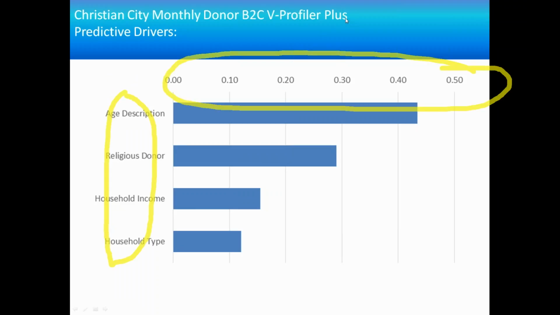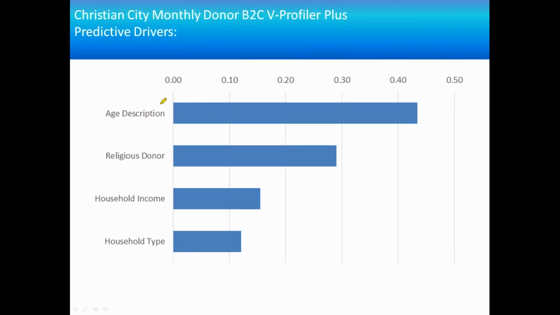Now, this is a bit of an oversimplification because we know that in age you had 18 to 24, 25 to 34, 35 to 44, and so on. So when you see a mathematical weight of 0.44 or 0.43, that's really the average or the median value for all of the age ranges that fall within that variable.